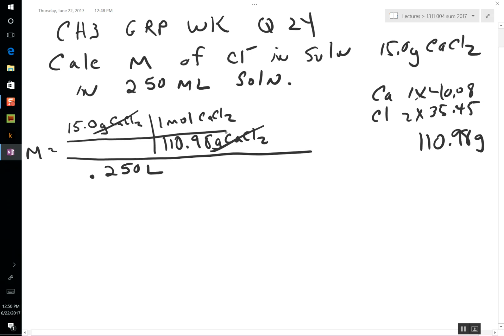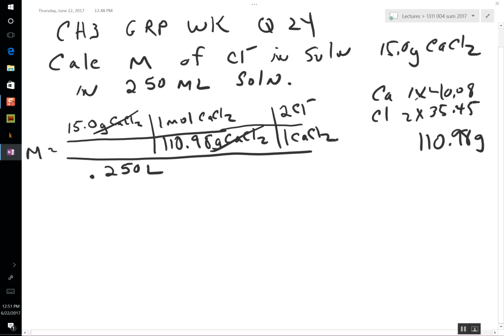Now, we could finish this off right here by simply putting in one more factor. There's more than one chloride in 1 mole of calcium chloride, isn't there? There's how many? 2. You can see that in the formula. It's CaCl2. So there are 2 chlorides for every 1 calcium chloride.